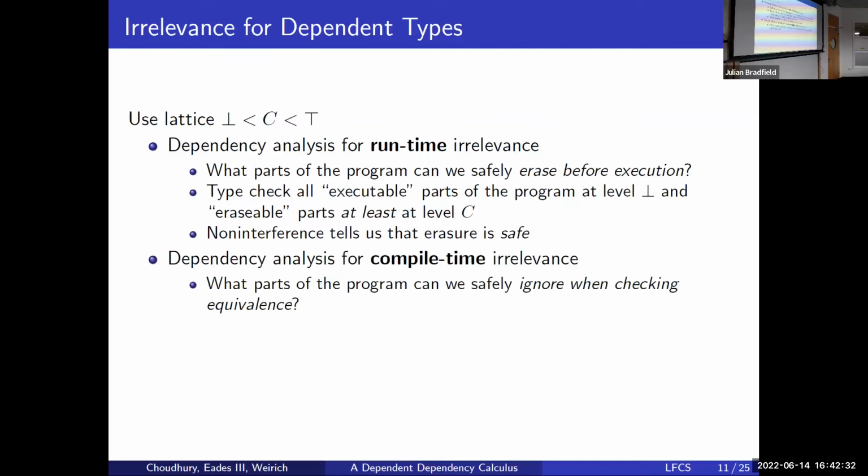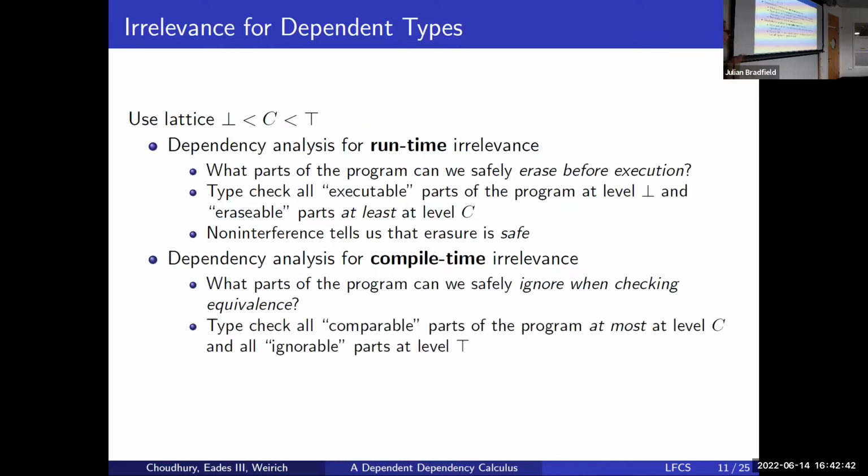And then for compile time irrelevance, when we're doing our type checking and comparing types for equivalence, the question we're really asking is what parts can we ignore? There we're going to type check parts that are comparable, at most at level C. The C tells us that things are comparable, and everything else we can ignore.